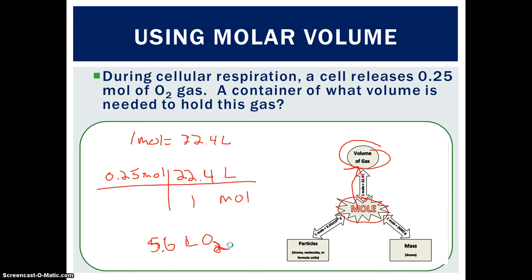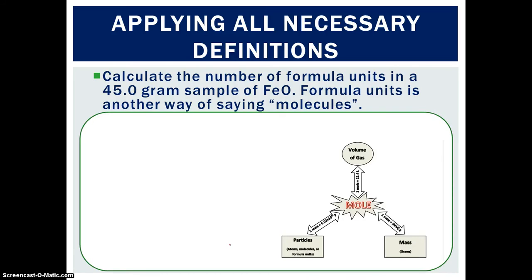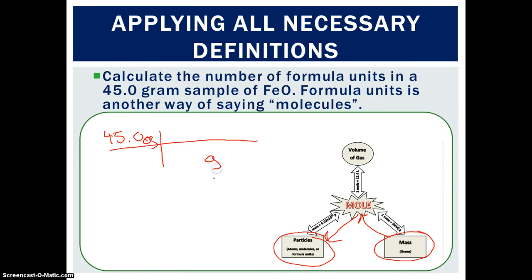Okay, I have one more, and this is going to be a multi-step problem. So this time, you want the number of formula units, that's where my destination is, from mass. So there's no path directly here, so I have to go from mass to moles, and then from moles to particles. That's 2 unit equalities. I'm starting with 45.0 grams. Take what I'm starting with, goes in the bottom corner.